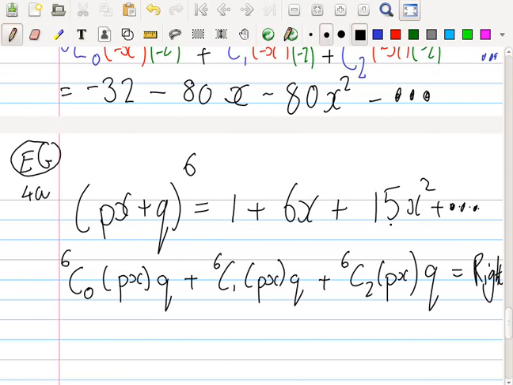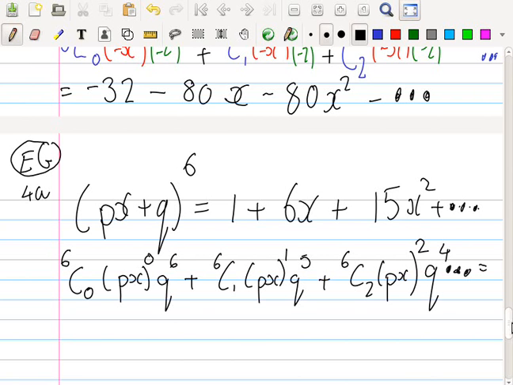I have 3 terms on the right. Now, what is the power doing on the right? Ascending or descending? Ascending. So here is 0, 1, and 2. And then on the q, 6, 5, and 4.